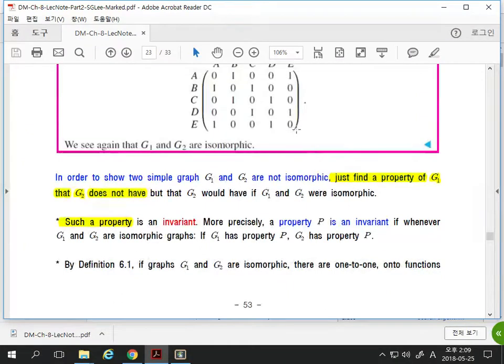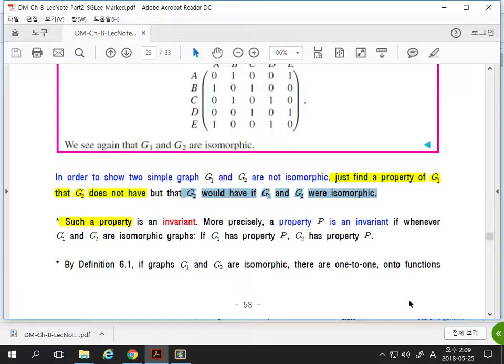Okay, and in order to show two simple graphs are not isomorphic, all you have to do is just find a property that G1 has and G2 does not have, that G2 would have if G1 and G2 were isomorphic. 무슨 말이냐면 두 그래프가 아이소모픽인 걸 보이는 건 그래프를 그려서 보이면 되는 거잖아요. 근데 아이소모픽이 아닌 걸 보이려고 그러면 이게 아이소모픽이면 두 그래프가 같이 갖는 성질이 있을 텐데 하나는 그 성질을 가지고 있고 하나는 안 가지고 있다 그러면 둘은 아이소모픽일 수가 없는 거죠.